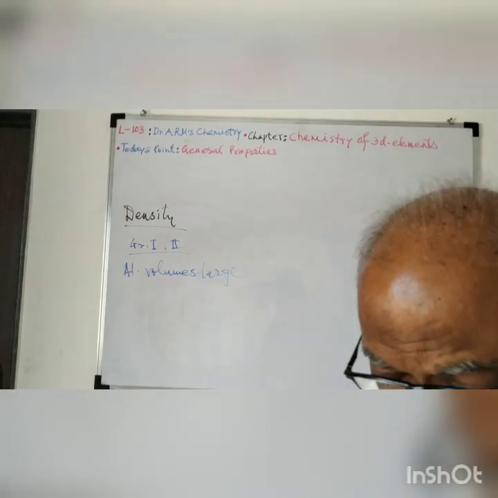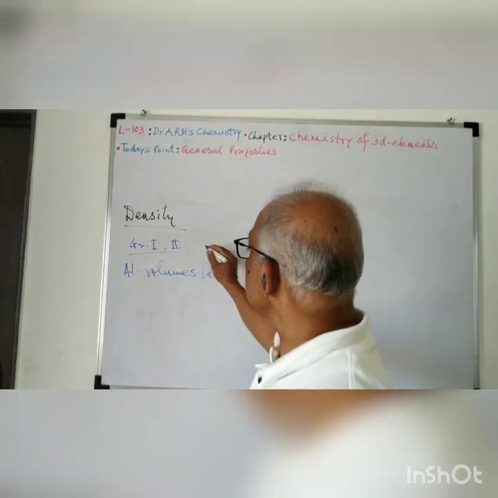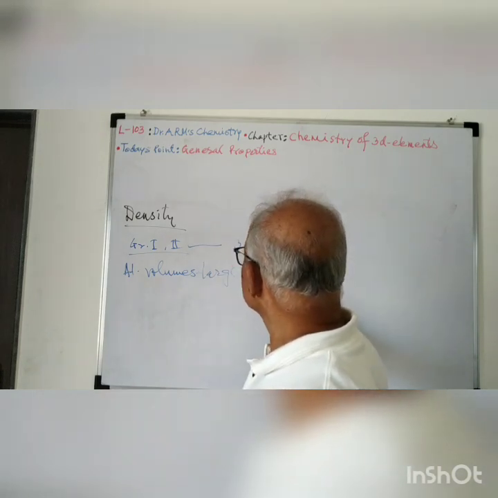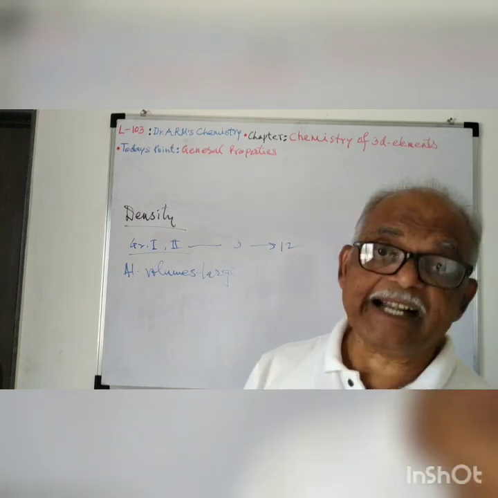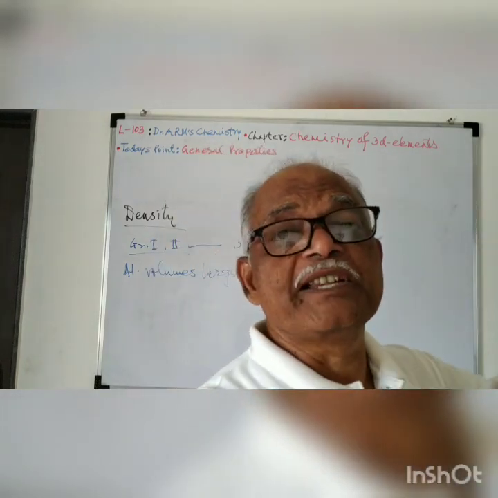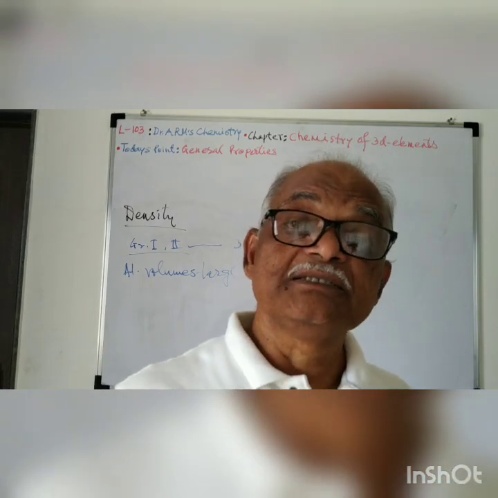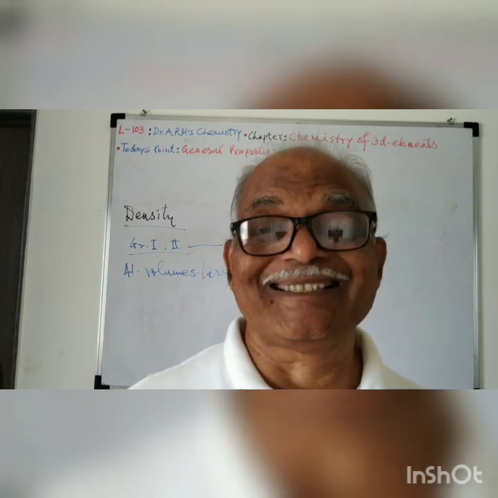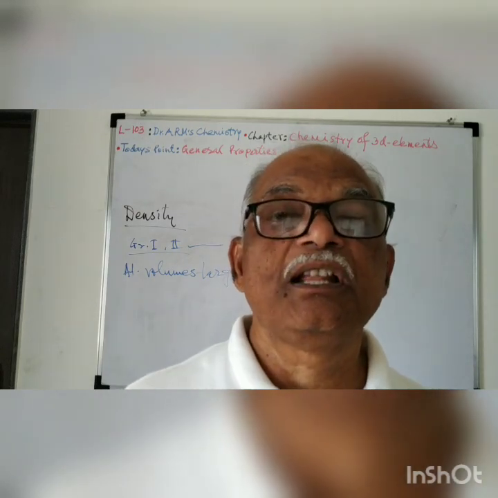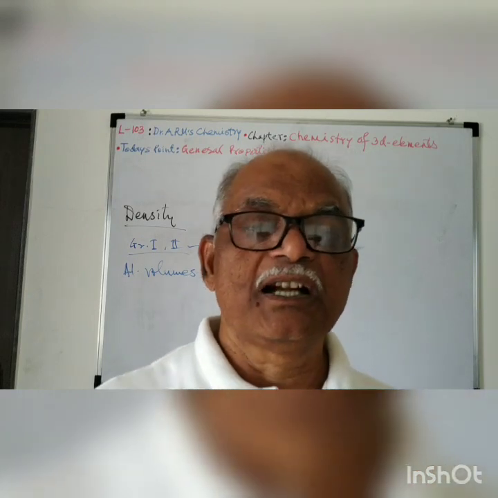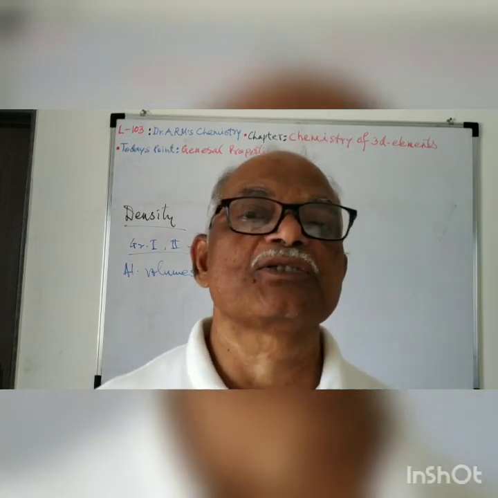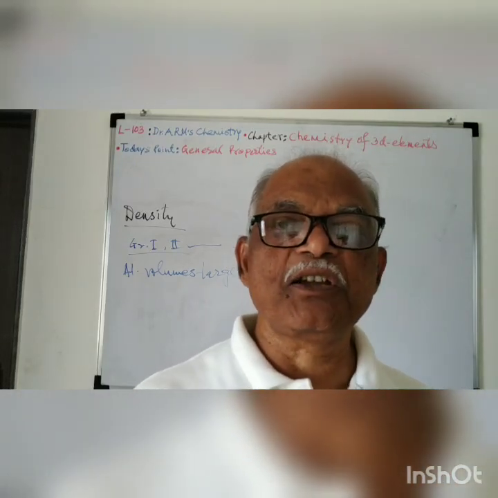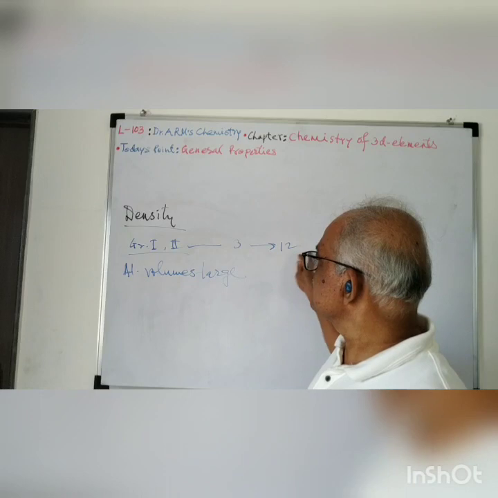But for the elements coming after the second group, that is group 3 to 12, the atomic volumes go on decreasing, but the number of electrons goes on increasing. The nuclear charge, or contents of the nuclei, is also increasing gradually. As a result of this, the density of these elements increases in this direction.